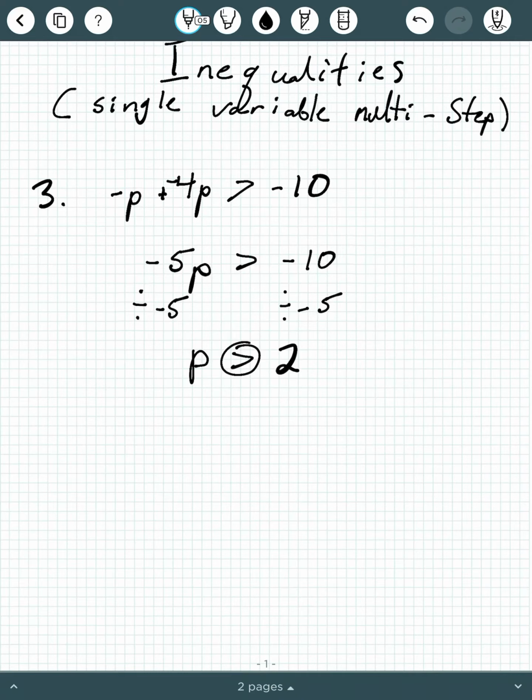But here's where I want to encourage you to really think about test points, because the other thing we do to show our answers is we put them on a number line.